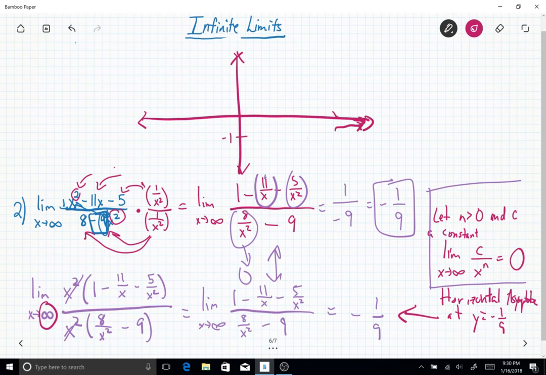But I know one thing's for certain. I'm going to be approaching this line as I go to infinity. This is going to be y equals negative 1/9. And so this graph of f of x, where f of x equals x squared minus 11x minus 5 all over 8 minus 9x squared. Don't know much about it, but I do know what's going to happen there.